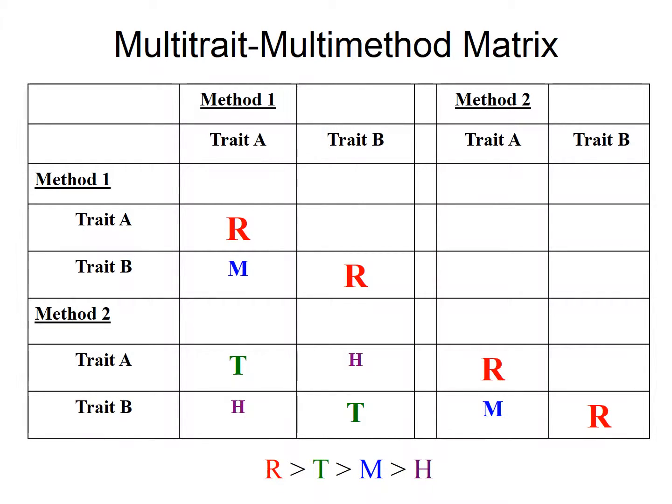If that's the pattern you find, the R boxes, the same traits and same methods, are the highest, the trait boxes are the next highest, the M boxes are the next, and finally the lowest is the H. This makes a very strong argument for both convergent and discriminant validity all in one study. If you find any other pattern, that's a problem.